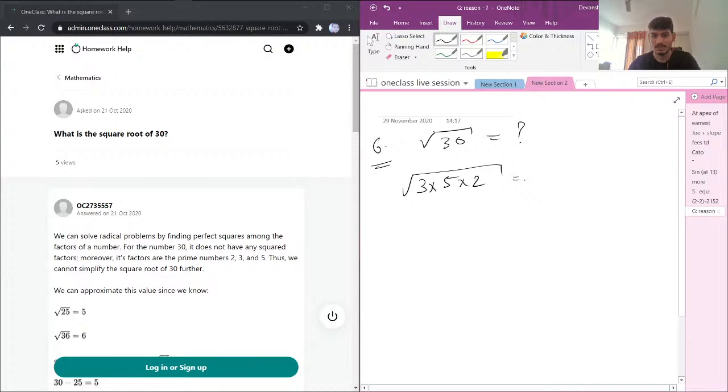So root 30 lies between root 25 and root 36. Root 25 is 5 and root 36 is 6.